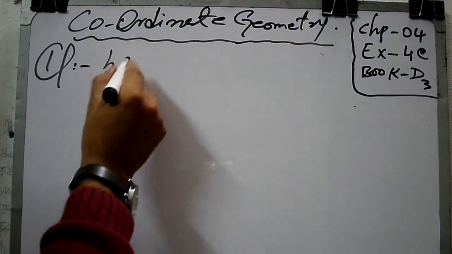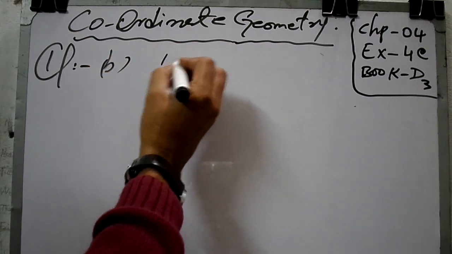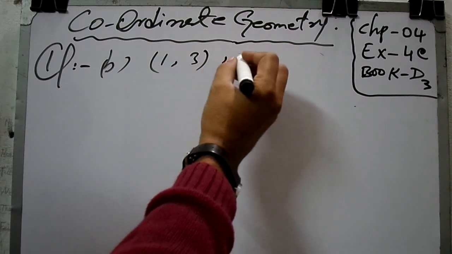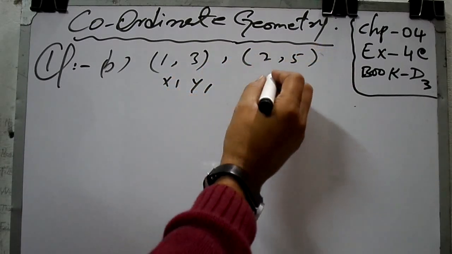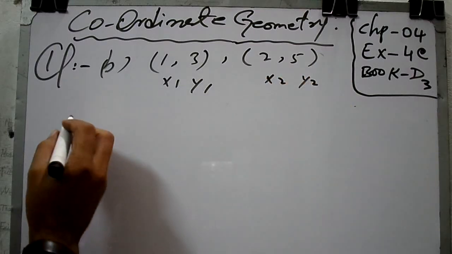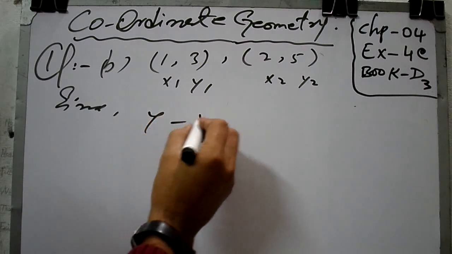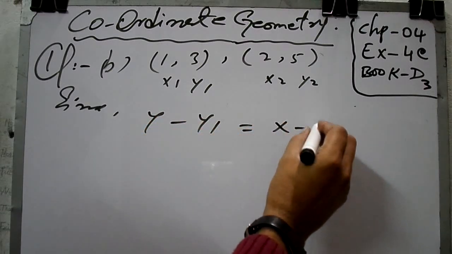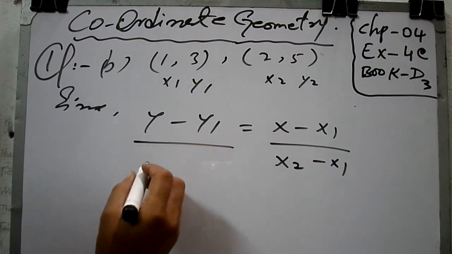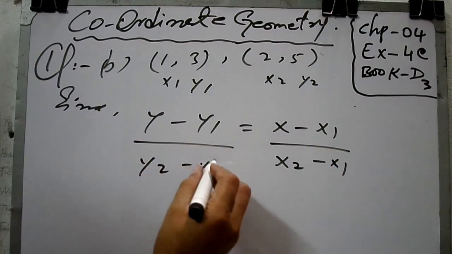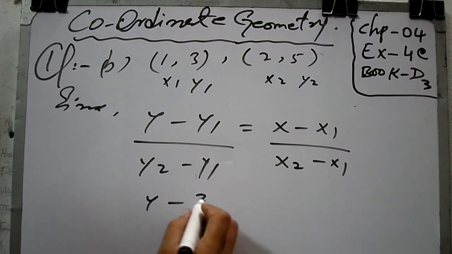In B part, you can see here the given points are 1, 3 and 2, 5. So that is your x1, y1, x2, y2. So you have the equation y minus y1 over y2 minus y1 equals x minus x1 divided by x2 minus x1. Only you have to put the values and simplify it.